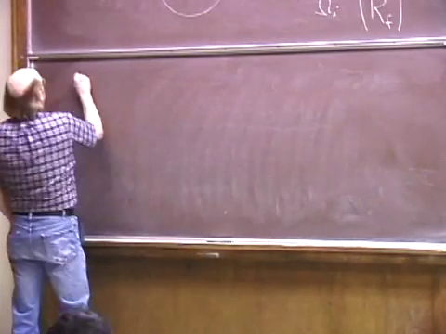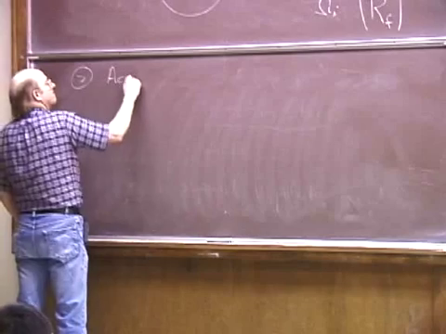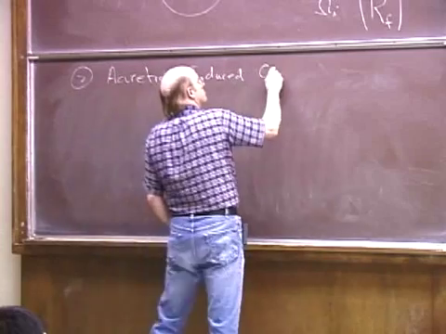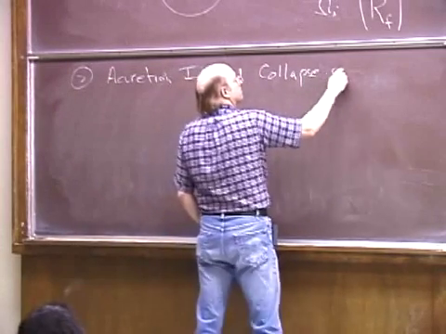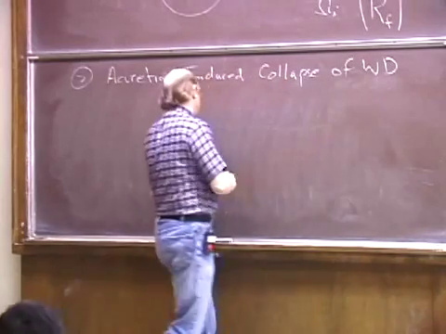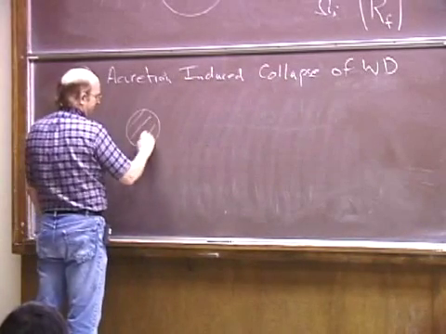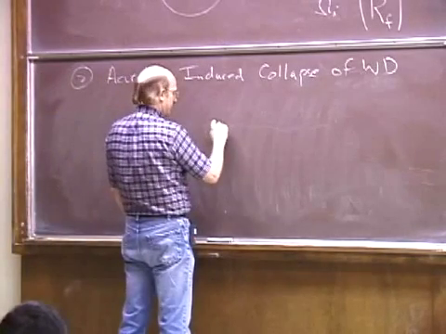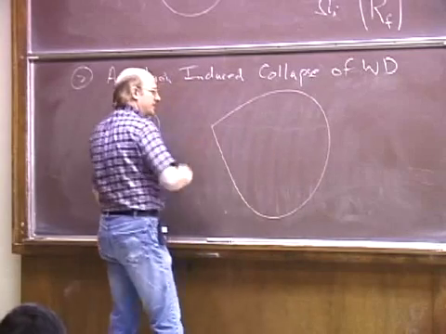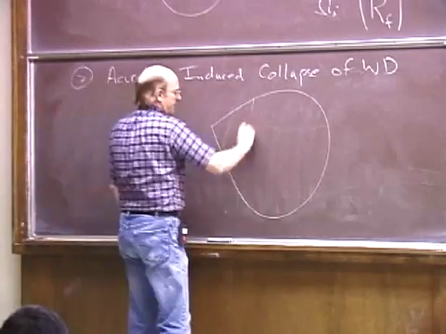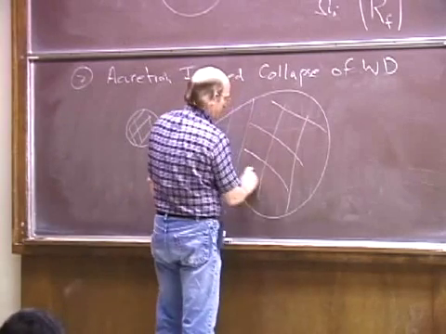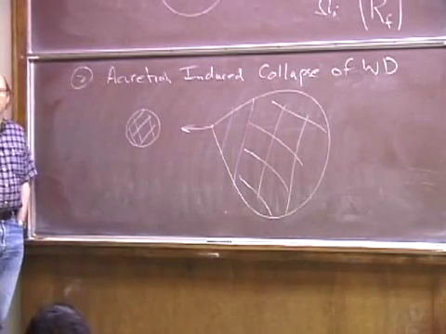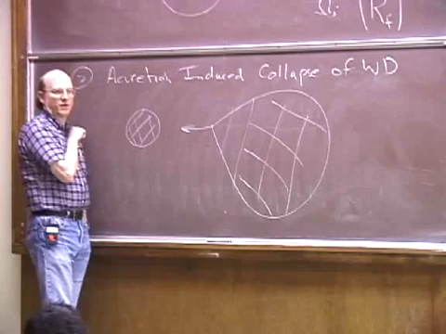So here, you have some white dwarf star, which is in orbit around a main sequence star which has started going through its red giant phase, and it swells up, fills its Roche lobe, and then starts accreting material onto the white dwarf.